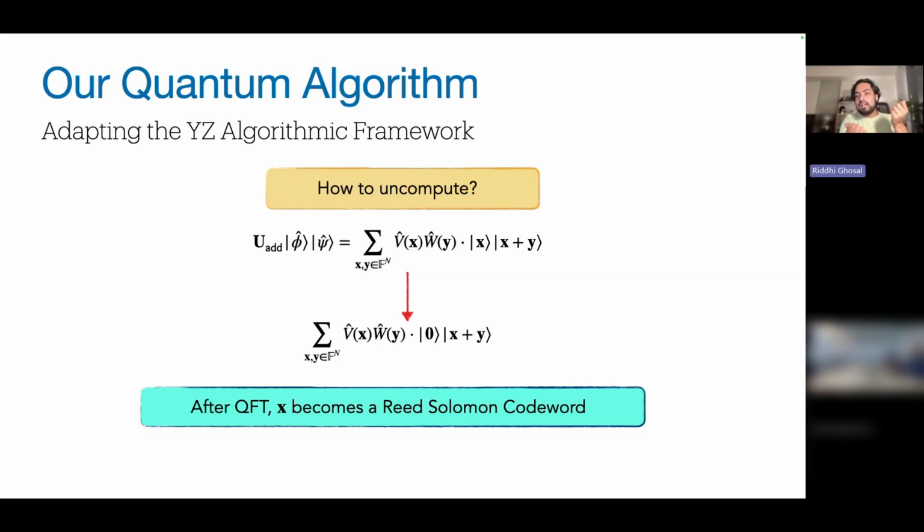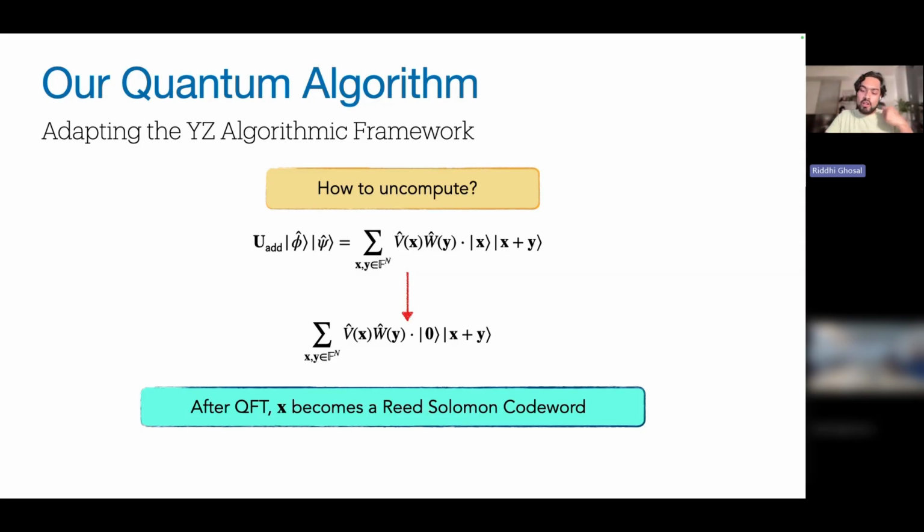After taking the QFT, it turns out that x becomes a Reed-Solomon code word. In fact, the state phi that we started with, which was a uniform superposition over the dual Reed-Solomon code word, upon taking the QFT, phi hat becomes a uniform superposition over the Reed-Solomon code word space. So this is a very useful result that we have. So for the first observation, x actually becomes a Reed-Solomon code word.